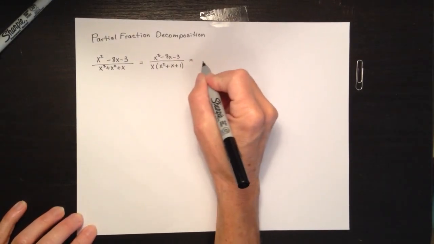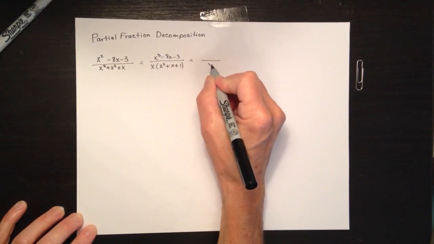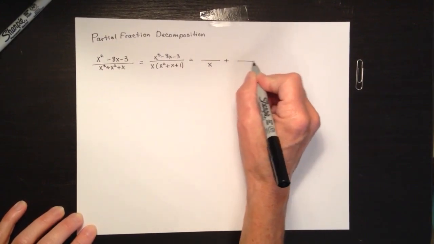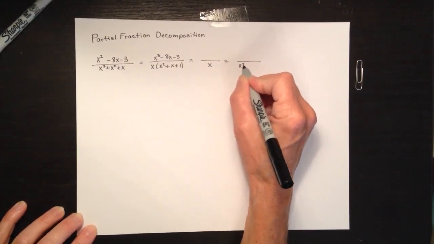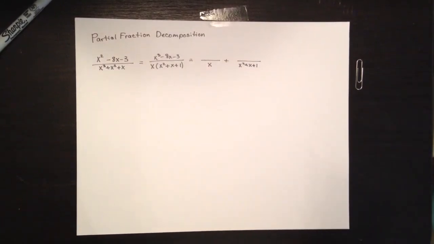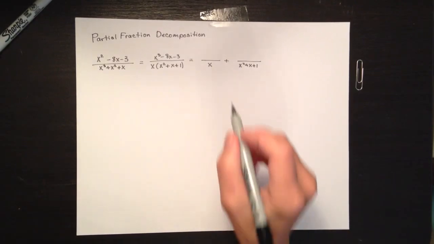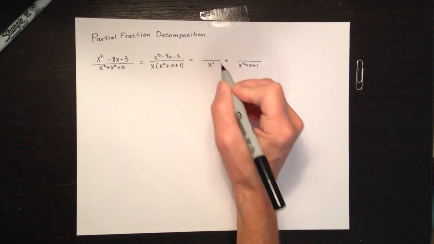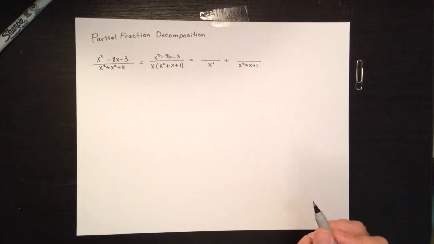This is going to turn into two fractions, something over x plus something over x squared plus x plus 1. And so we make our decision about what goes in the numerator of each of these fractions. The first fraction, this x has a degree of 1. So what needs to go in the numerator would be 1 less than that. 1 less than 1 is 0.